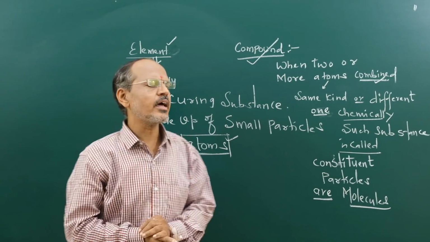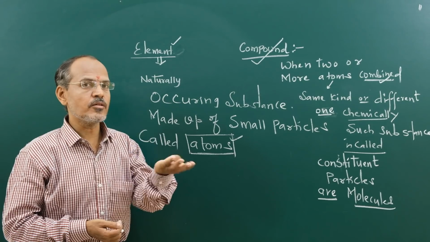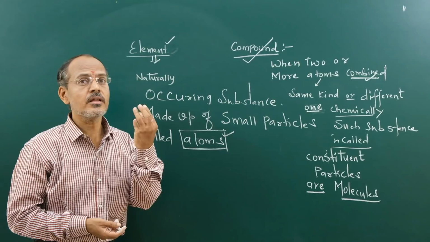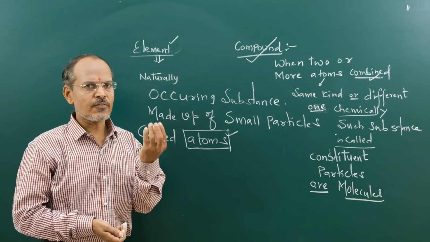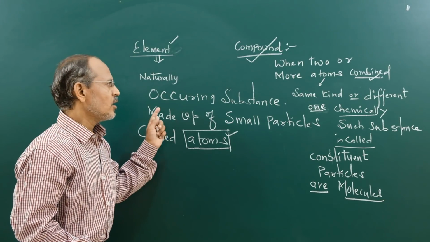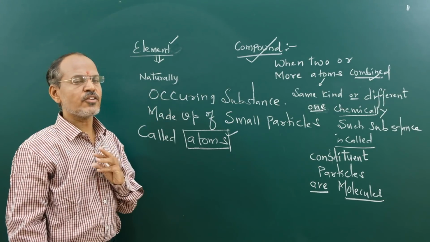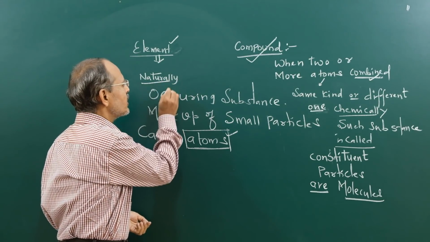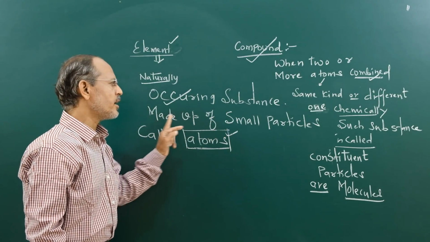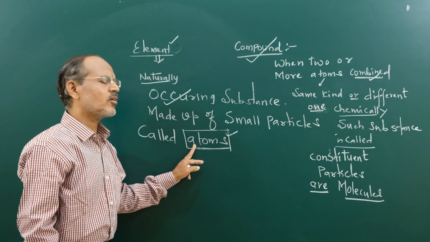That means what is an element? It is mostly naturally occurring. There are a few elements which were prepared in the laboratory. But apart from that, the general definition of an element is a naturally occurring chemical substance made up of tiny particles called atoms.